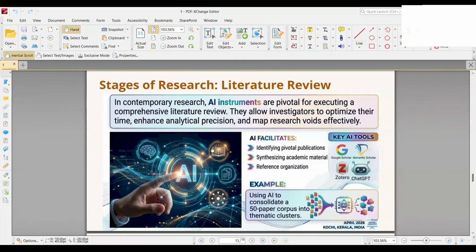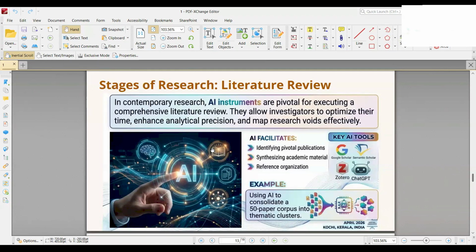Let's look at how they suggest we use these tools in practice. I find that when we need to synthesize large amounts of academic material, letting the AI consolidate a large corpus into thematic clusters saves us hours of manual reading.